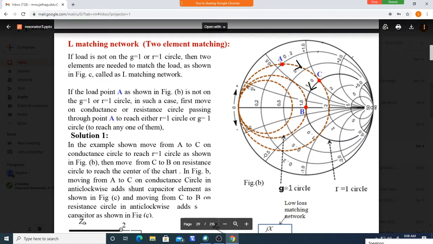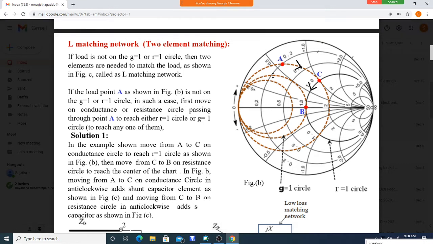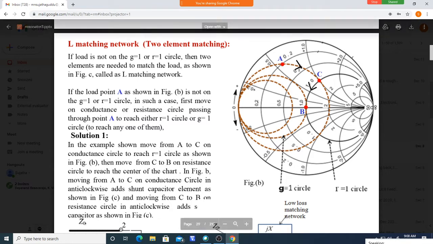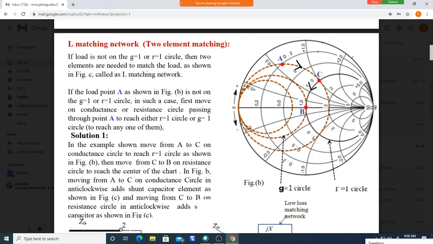From the given point, you can move over a resistance circle in the clockwise or anti-clockwise direction, or over a conductance circle in the clockwise or anti-clockwise direction, and reach the G equal to one circle or R equal to one circle.